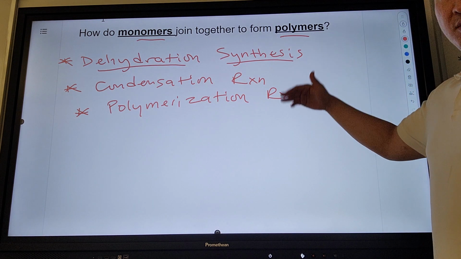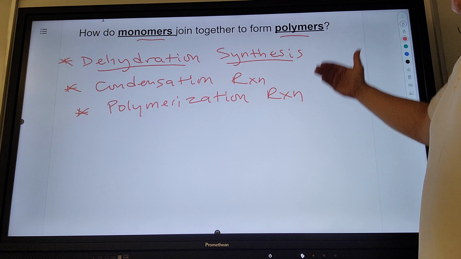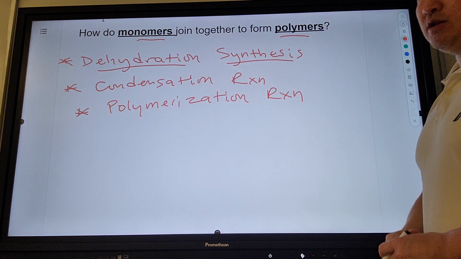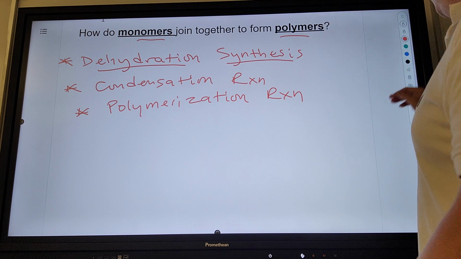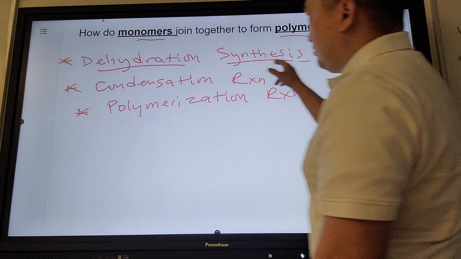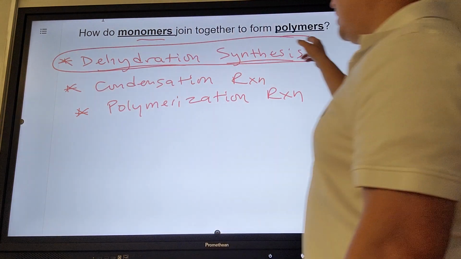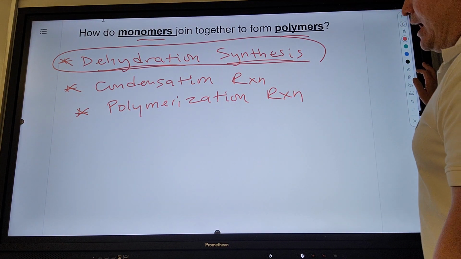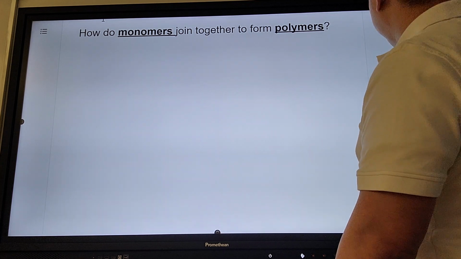So any one of these terms accurately describe monomers joining together to form polymers or the formation of polymers. And again, the most common one you'll probably see in our classes, dehydration reactions or dehydration synthesis reactions. All right, so we're going to go with that.